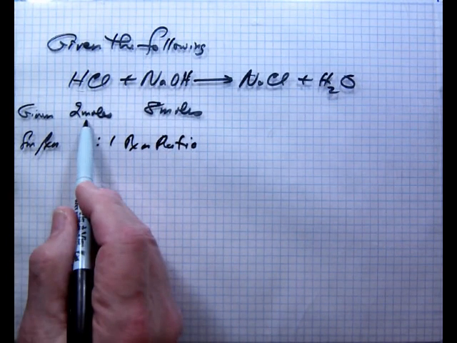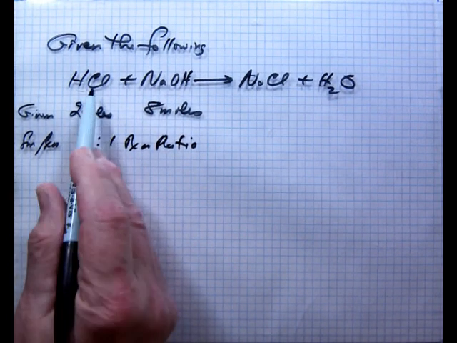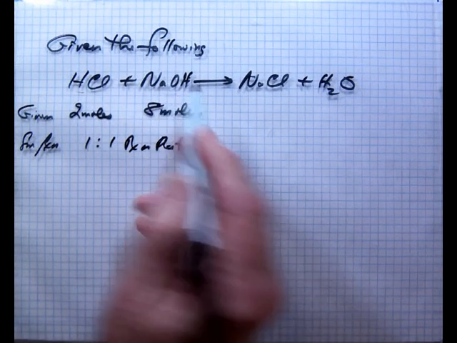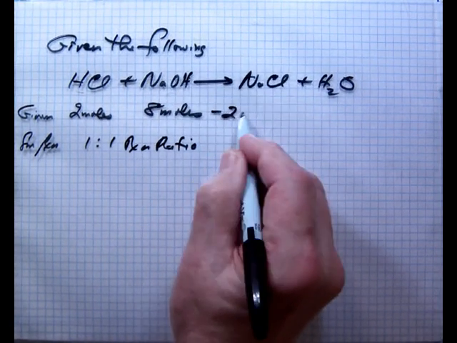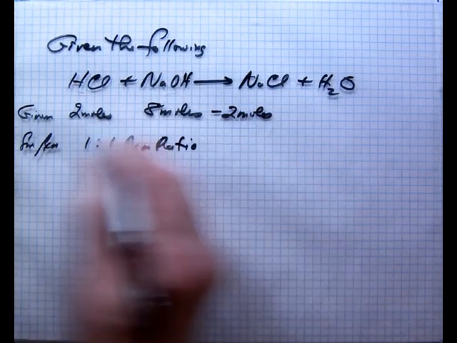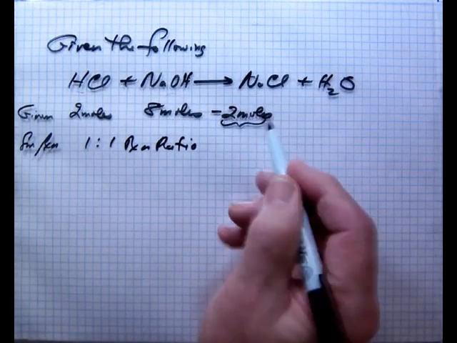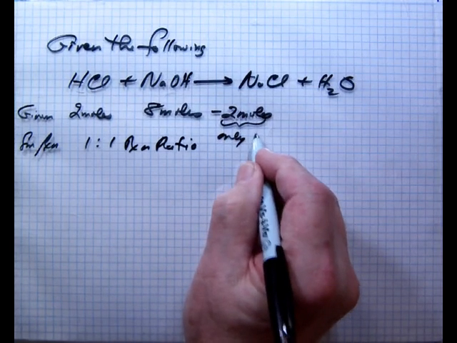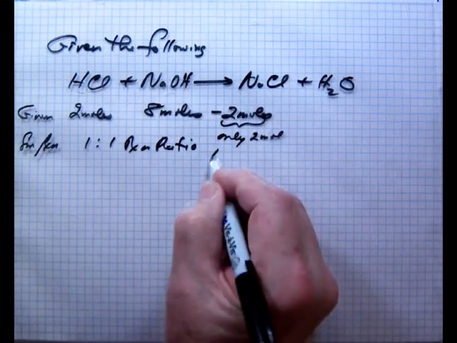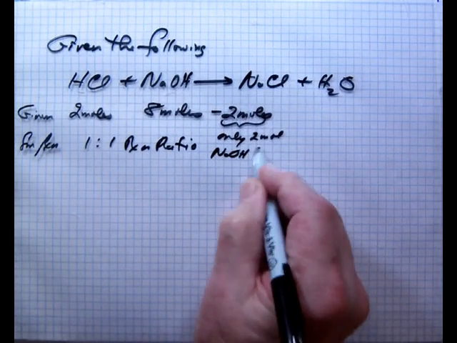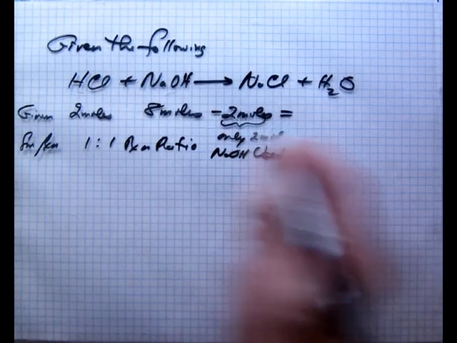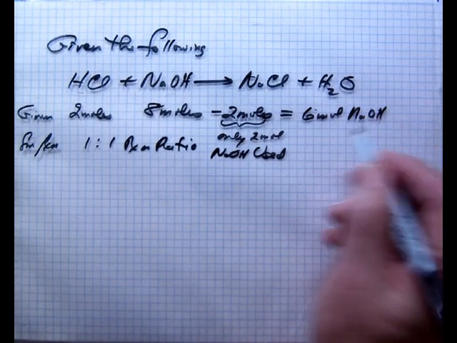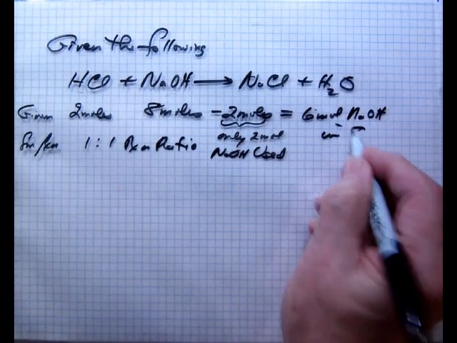Since I have 2 moles of hydrochloric acid, I'm only going to use 2 moles of sodium hydroxide. So I subtract out the amount I'm going to use. And this leaves us with 6 moles of NaOH in excess.